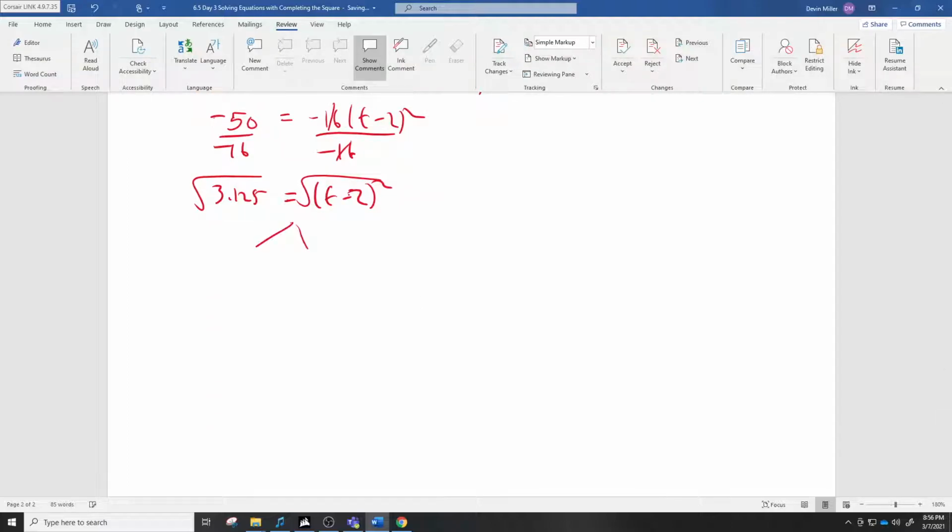I'm going to split this into two different things. If we square root 3.125, it's going to be a pretty small number. It'll be 1.76 or 1.77. I'll round that up to 1.77 equals t minus 2, because remember this goes away. Or negative 1.77 equals t minus 2.